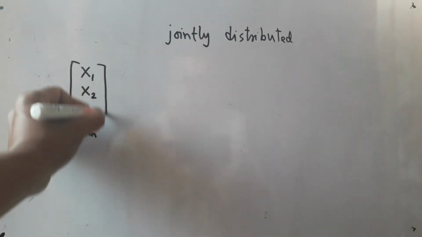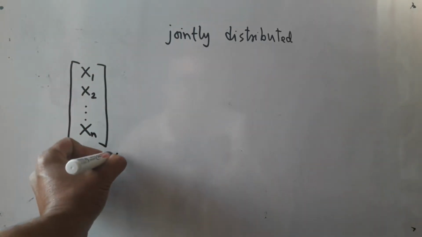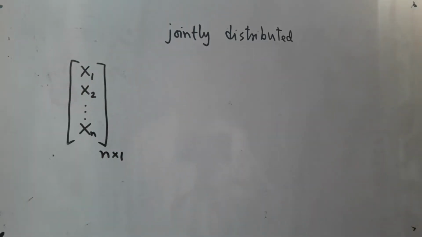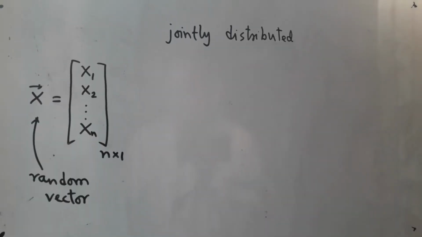This vector is a member of Rn. It is n cross 1. This being composed of random variable components is called a random vector, which I have denoted by x. So a random vector is nothing but a bunch of jointly distributed random variables.